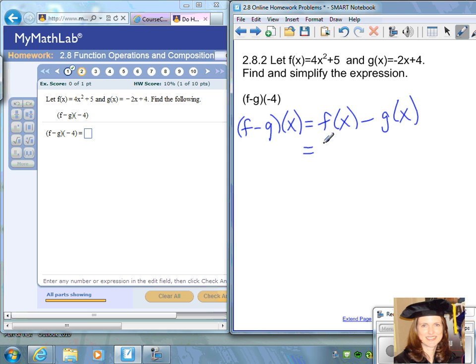And this is going to be 4x squared plus 5 minus the g of x function. I'm going to put this in parentheses because you want to subtract the entire g of x function, negative 2x plus 4.